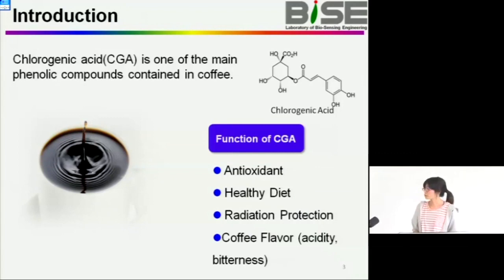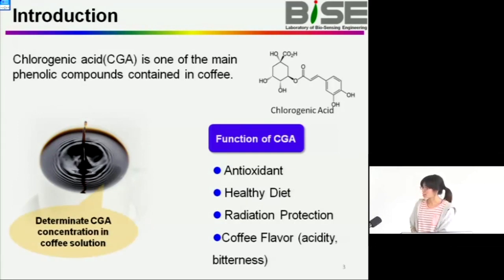It can prevent body cells from oxidation. It plays an important role in a healthy diet. It can prevent people from radiation harm. It also contributes to the formation of coffee flavor, such as acidity and bitterness. So based on these functions, determining CGA concentration in coffee solution becomes necessary.